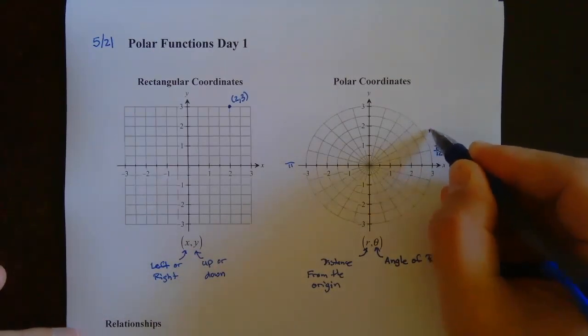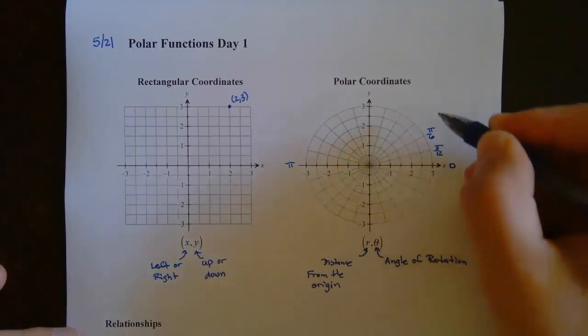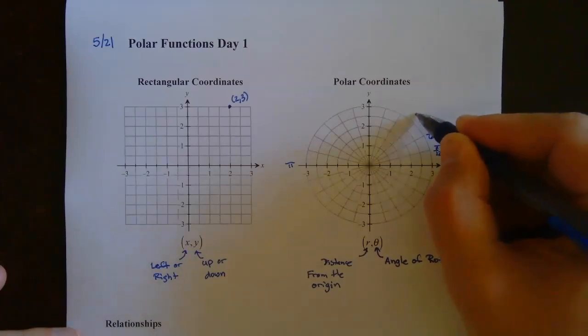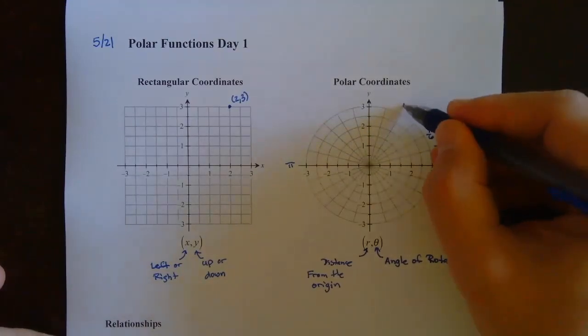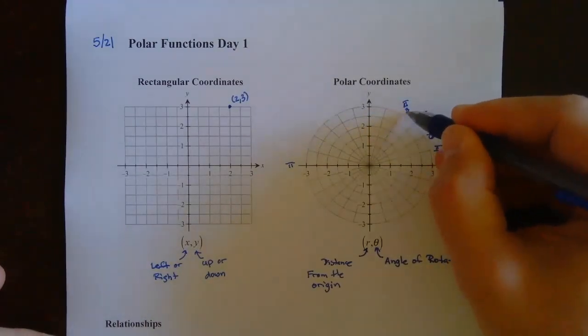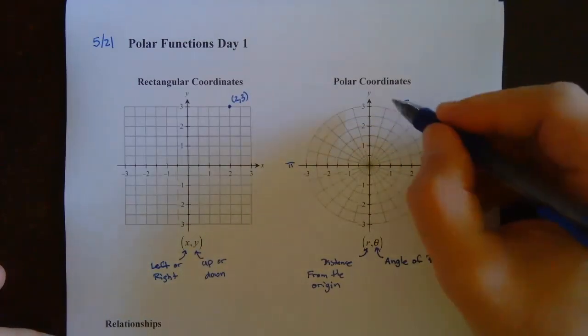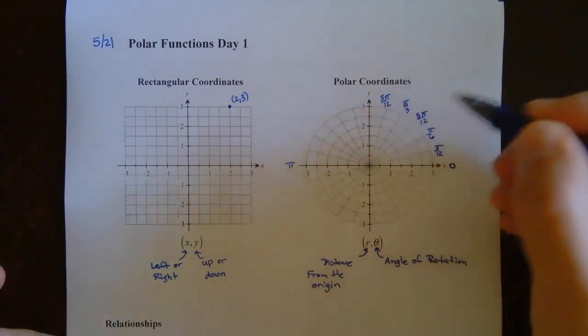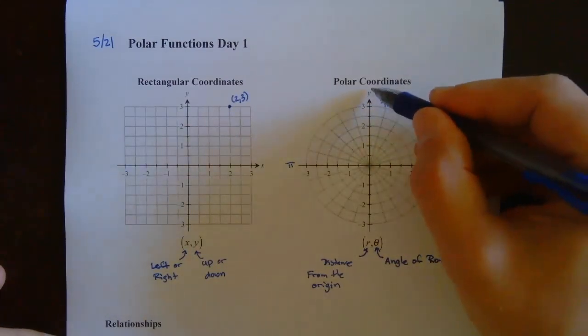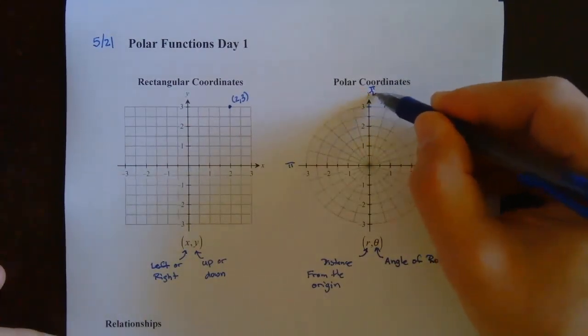This is really pi over 6. Then 3 pi over 12. And then 4 pi over 12, which is really pi over 3. Then 5 pi over 12. And then 6 pi over 12, which is really pi over 2.